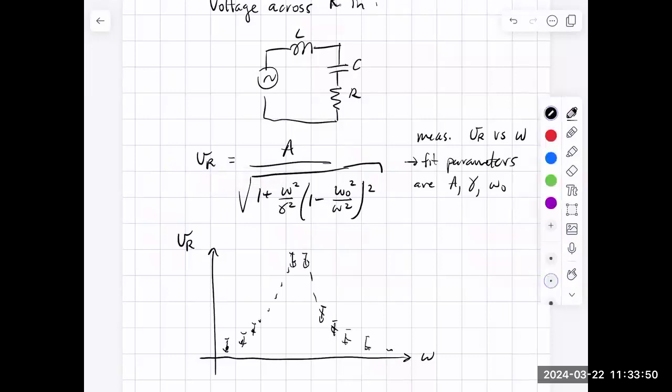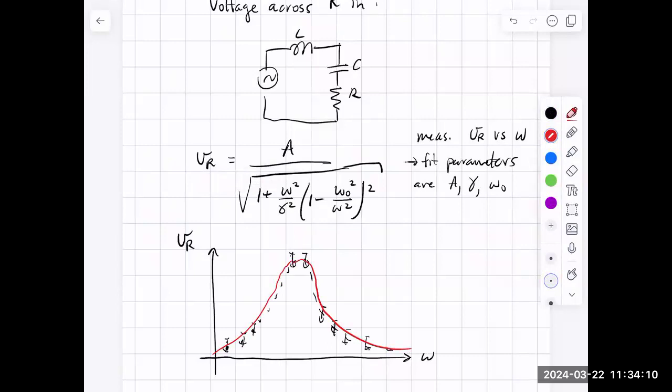We're going to try to fit this to some kind of function that goes through the data. And if we were going to use the fitting method we're describing, we would try to select ranges for these various parameters.